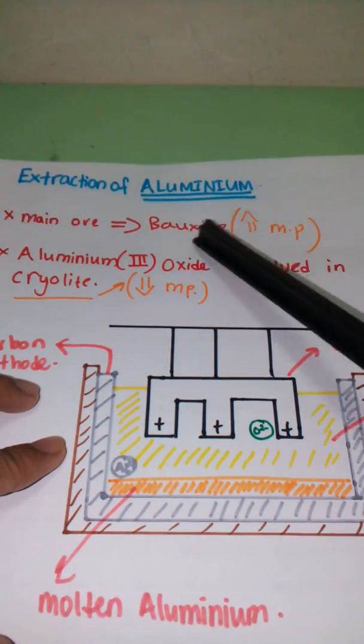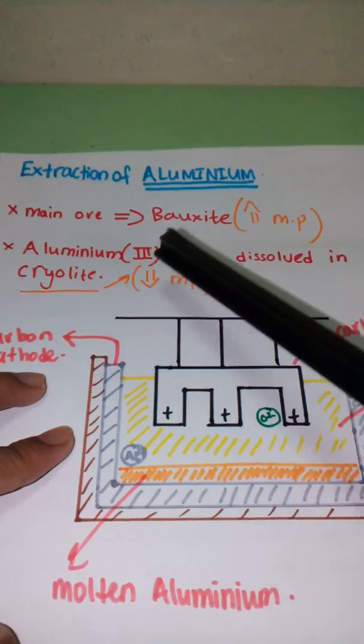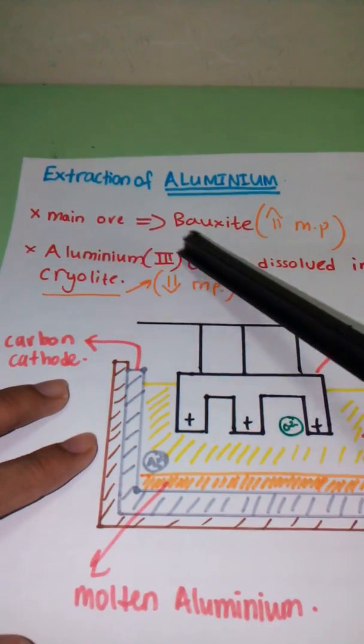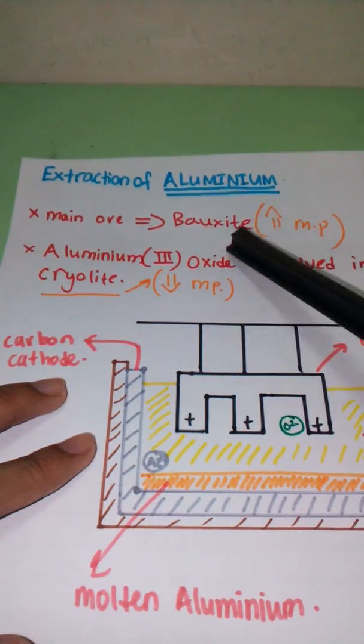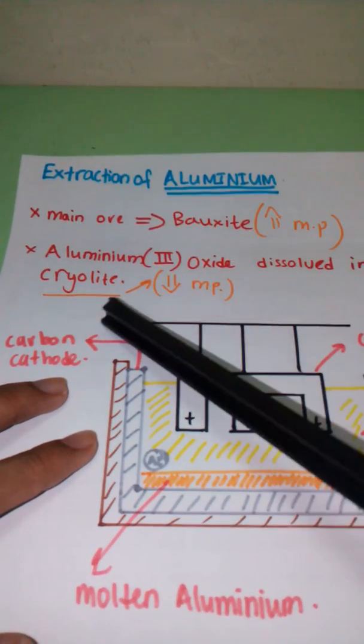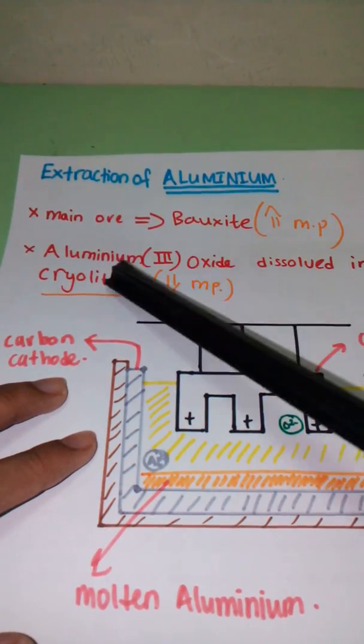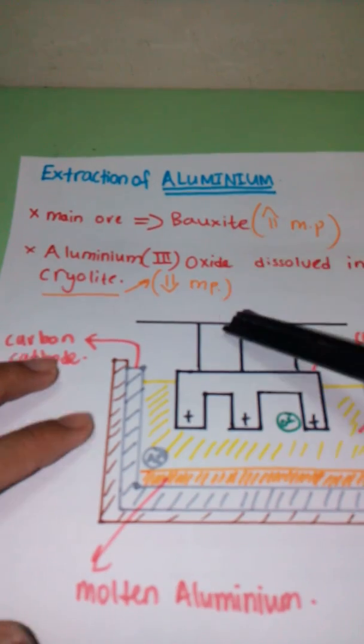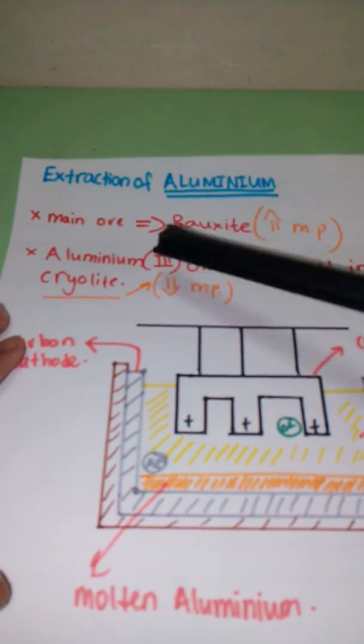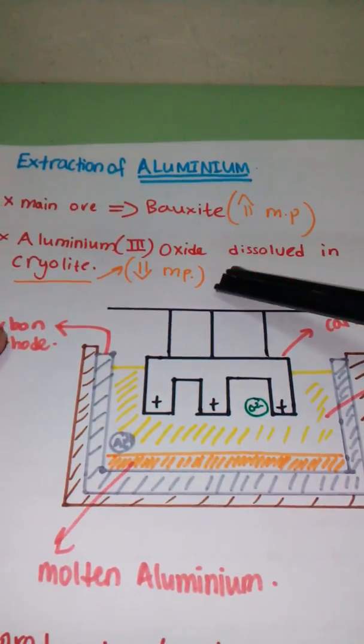So what do we do to counter this? What we're gonna do is dissolve aluminium oxide in cryolite. Cryolite will reduce the melting point by a significant amount to save energy cost.